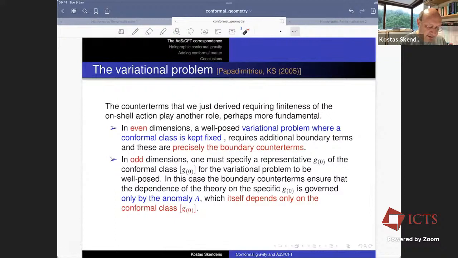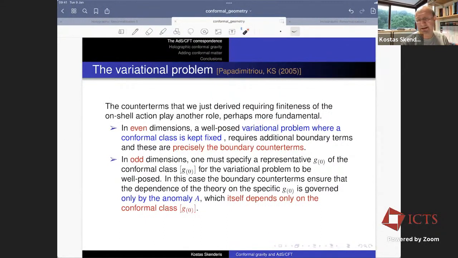Now we derive these counterterms by requiring that the on-shell action is finite. So we wanted to set up AdS/CFT, but it turns out these counterterms play an even more fundamental role.